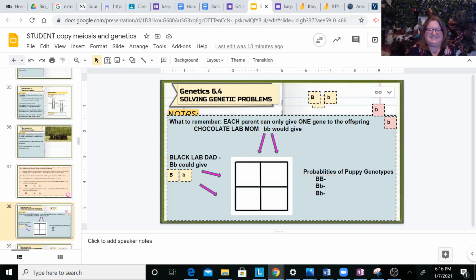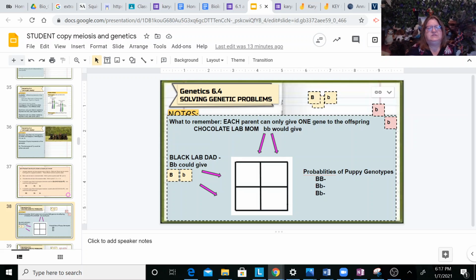That's very hard to say. Now, in this case, I'm going to make the dad have a capital and a lowercase. You guys could pause right now and decide as a class what we would call that if it's one big and one little, meaning that it's different alleles.